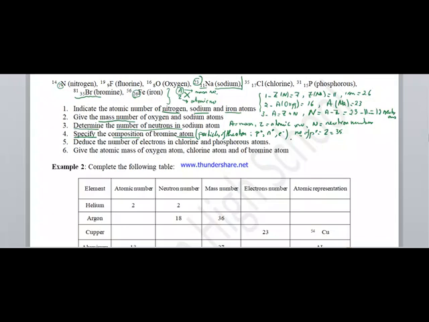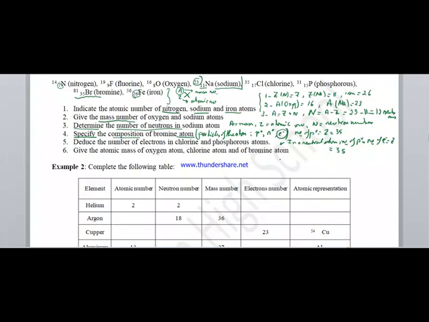To find the number of electrons, in a neutral atom the number of protons equals the number of electrons, equal to Z, which is 35.